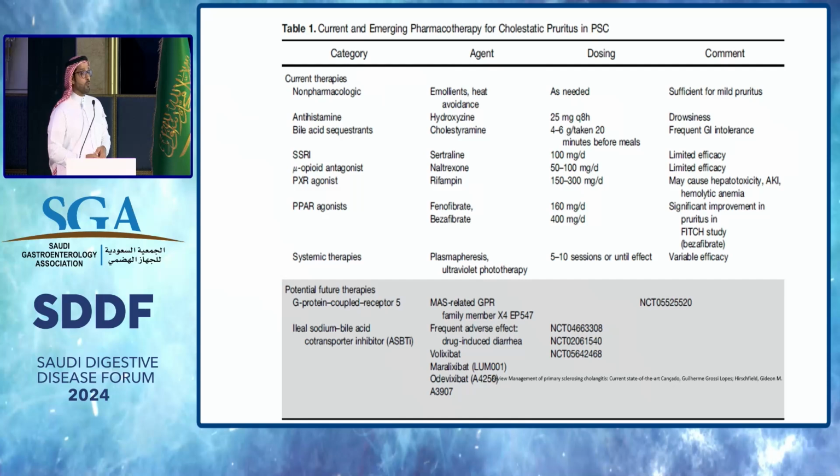I guess I will conclude my presentation with a slide about the treatment of cholestatic pruritus. We know that in the upper half of the table, these are the medications that we currently use to treat pruritus and itching in patients with cholestatic liver diseases.